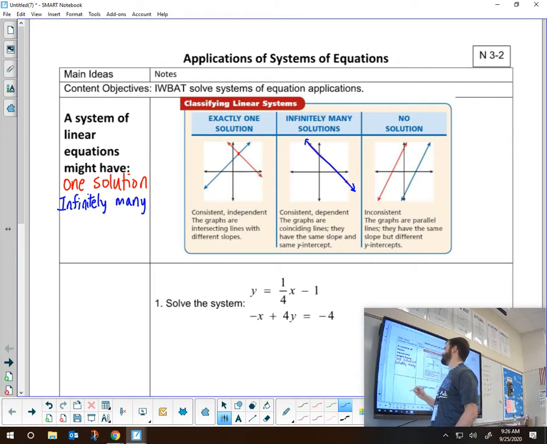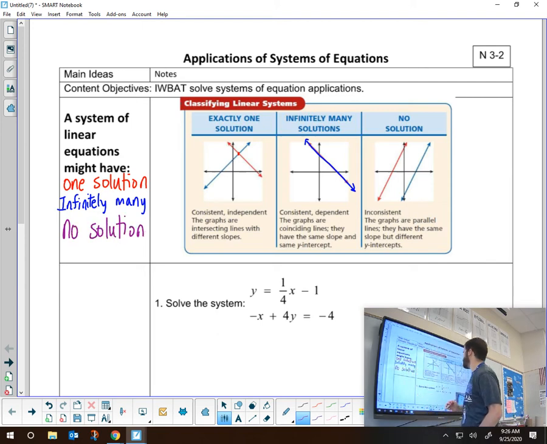Might have one solution, might have infinitely many solutions, or if we have two lines that are parallel, they never cross, so we never get an intersection there. We never get a solution. So the other way that it could be is we could have no solution. Okay? So we're just going to investigate a little bit today what no solution and infinitely many solutions look like.